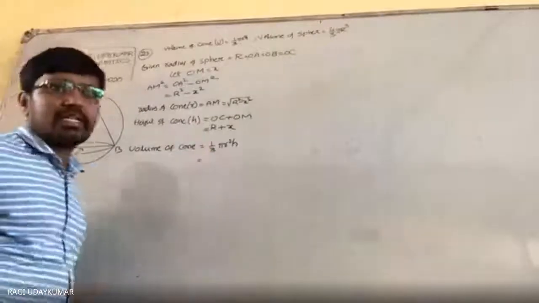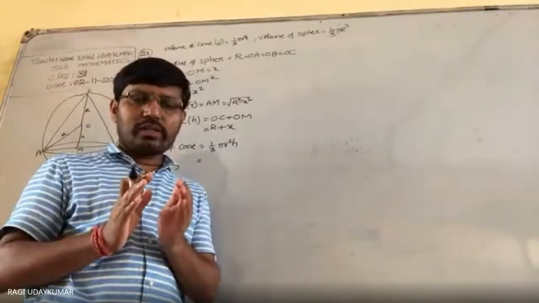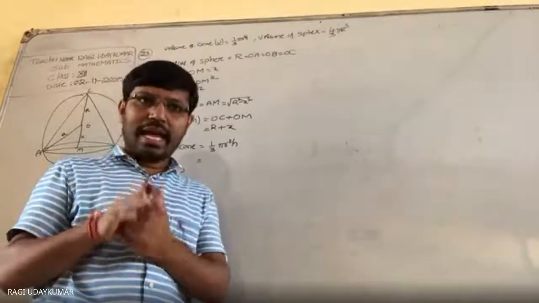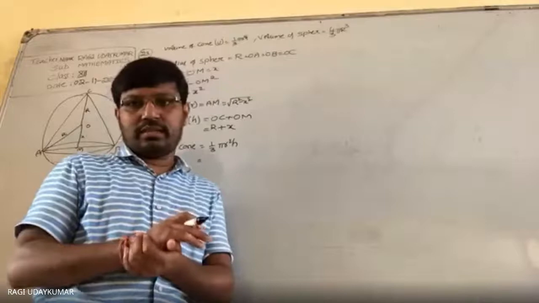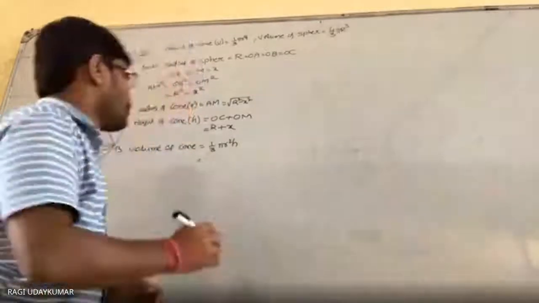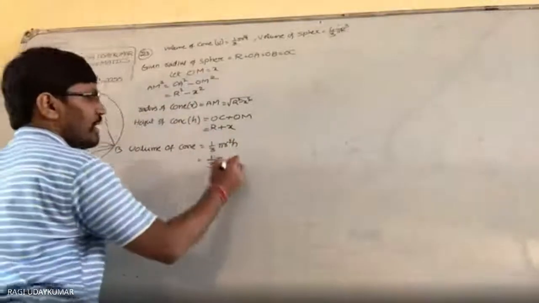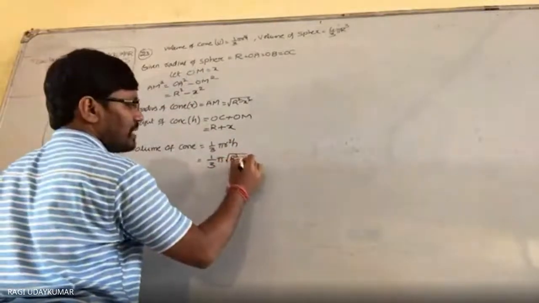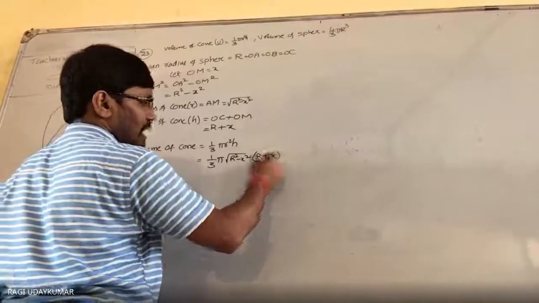Okay. So here 1 by 3 pi r square h, where r is the radius and h is the height. These two you substitute in terms of capital R and x. So 1 by 3 pi, the radius square is capital R square minus x square, and the height is capital R plus x.